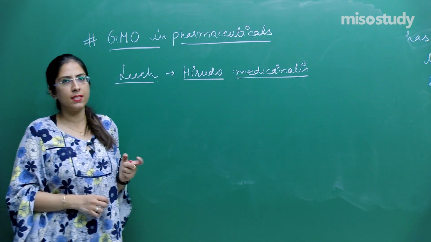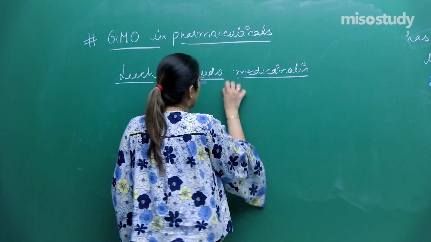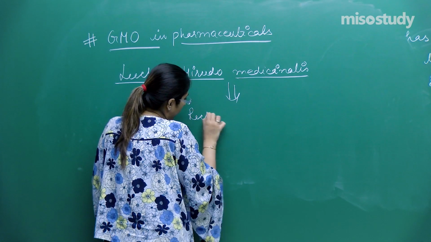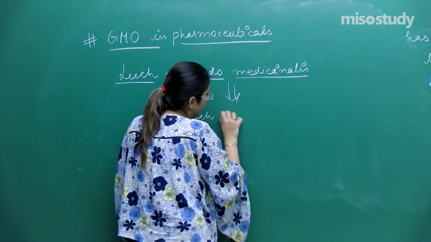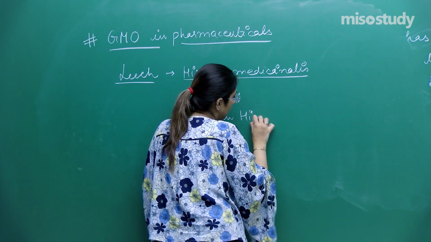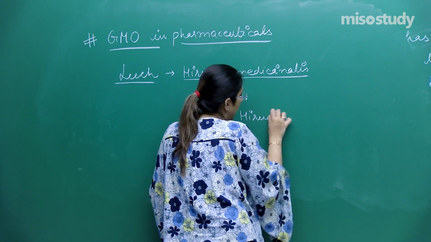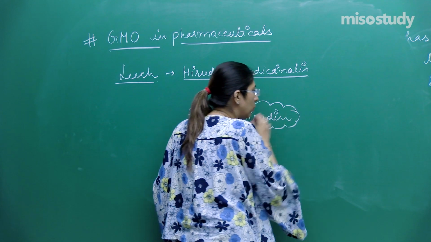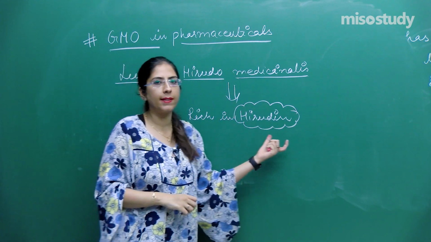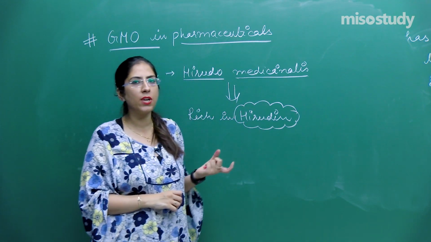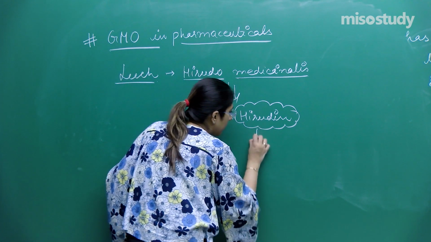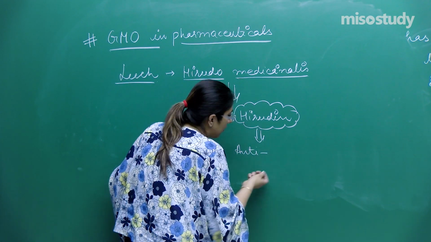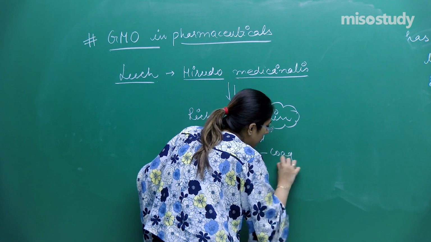This leech is rich in one chemical which is called hirudin. They are rich in hirudin. And students, what do you mean by hirudin, and what are the uses of hirudin? Hirudin acts as an anticoagulant, and it is used at the time of surgery, right? So this is an anticoagulant. Hope you know about it.